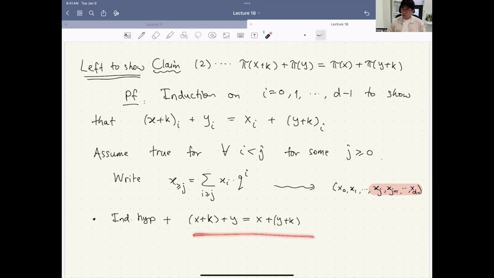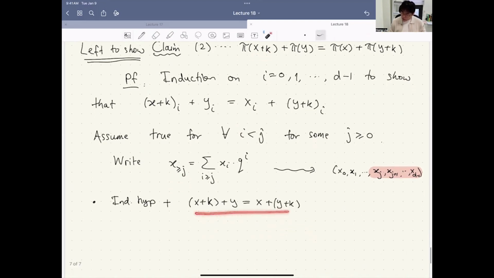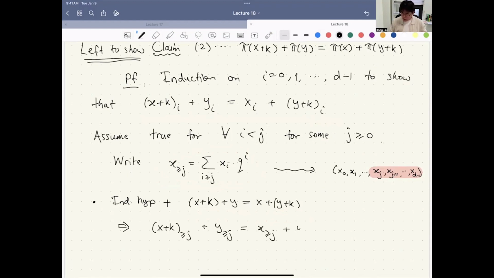This is trivial in 2 dimensions. Because of this, plus all the previous digits being the same, all the later digits also should satisfy this. We get x plus k greater equal than j plus y greater equal than j equals x greater equal than j plus y plus k greater equal than j.